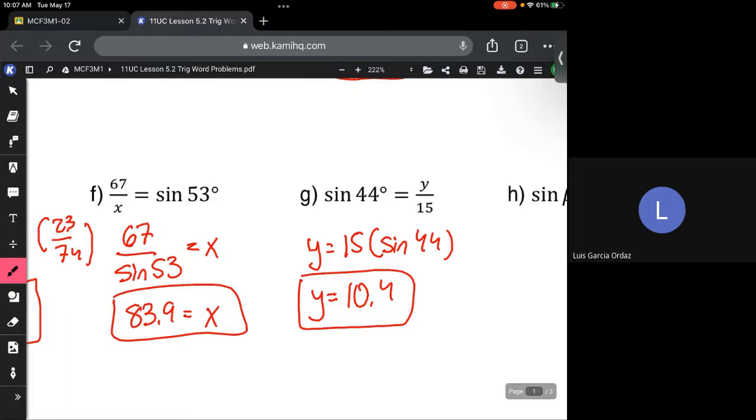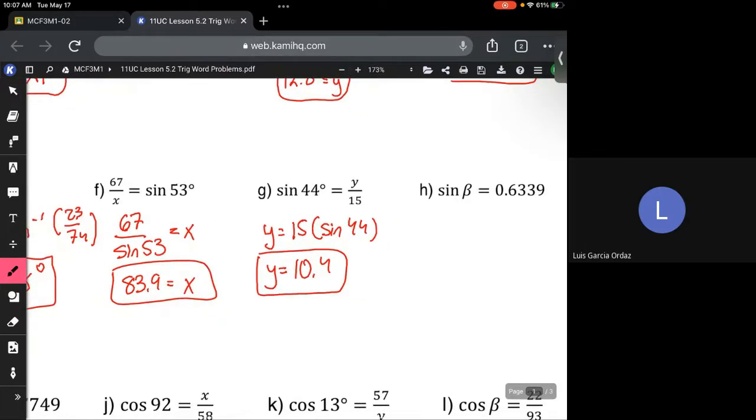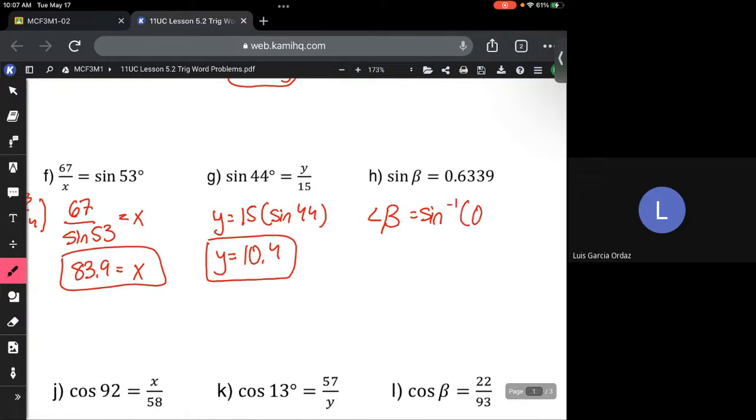That's why. And then the last one, we have angle beta is equal to sine inverse of the decimal, which is 0.6339. So the angle is 39 degrees.